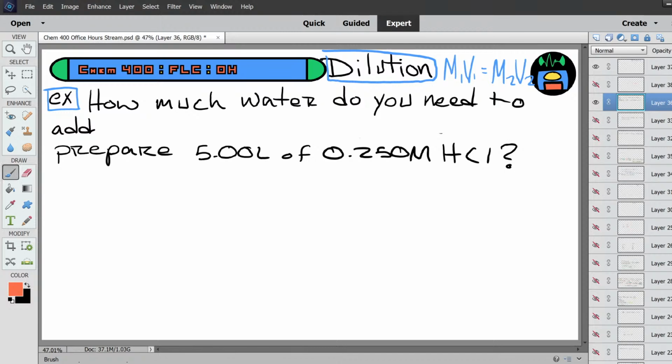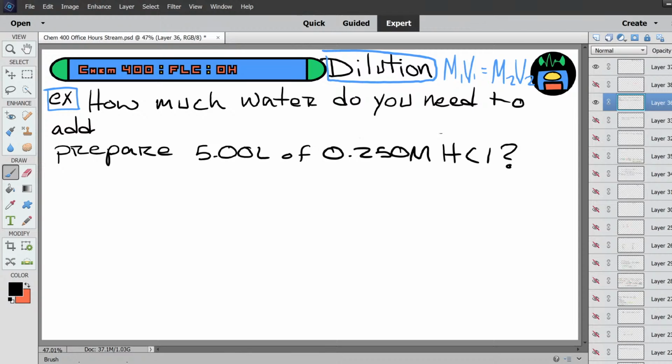So in this problem earlier, it stated that we have 11.37 molar hydrochloric acid, and we're told it's used to prepare 5 liters of 0.25 molar hydrochloric acid.